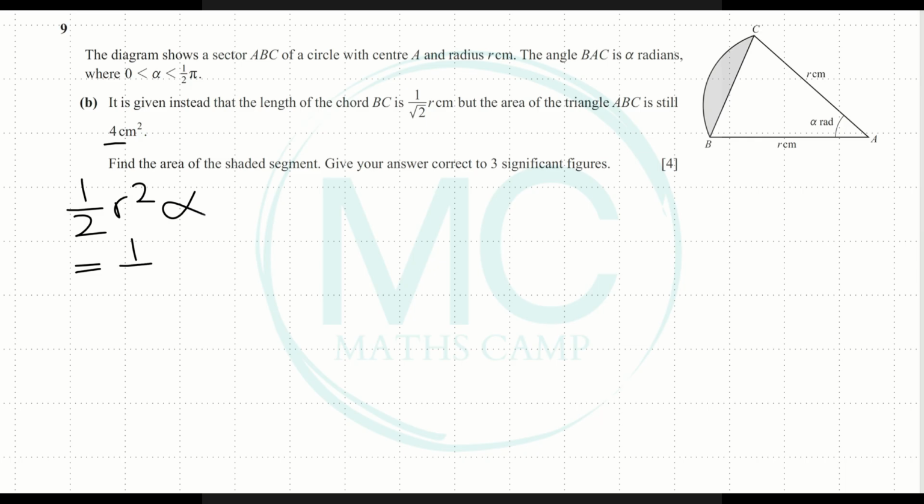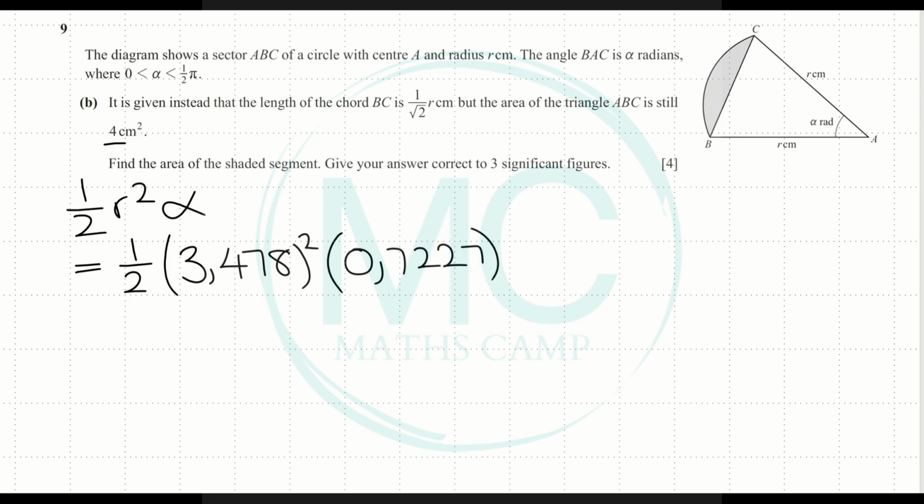We get 1 over 2. R is 3,478. Put this into a bracket, squared, multiplied by alpha, 0,7227. Close the bracket.